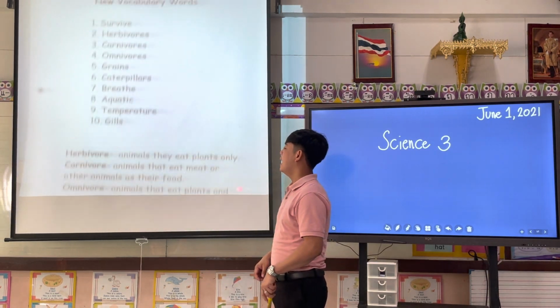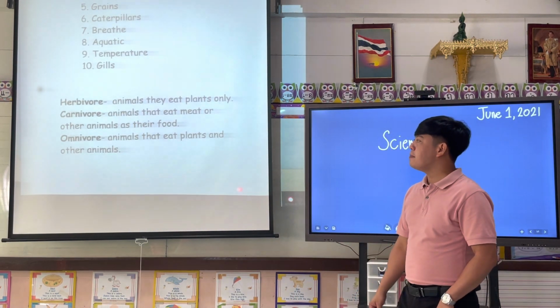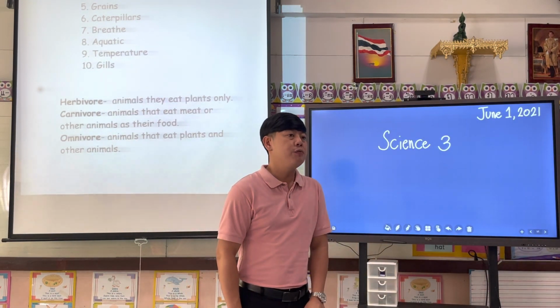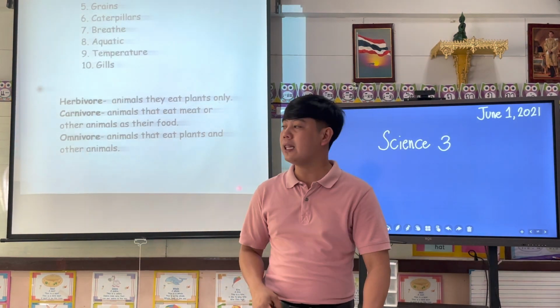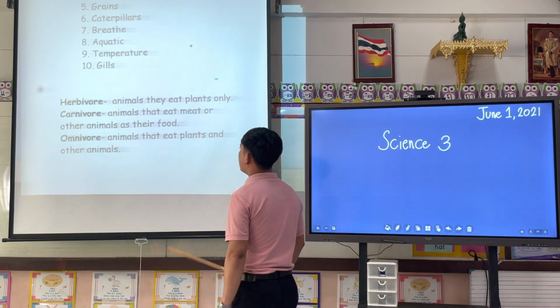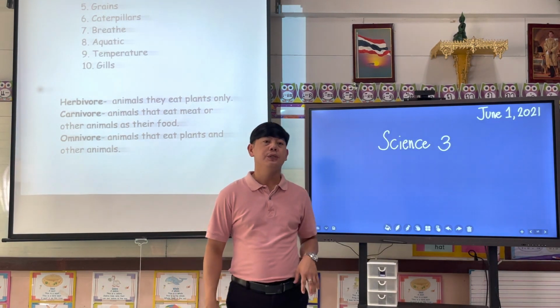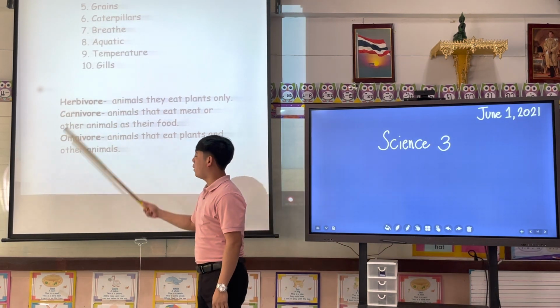Next, animals have been categorized according to their food, according to what they eat. There are 3 classifications of animals according to their food. The first one is herbivore.